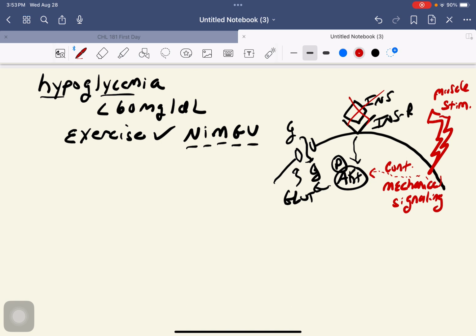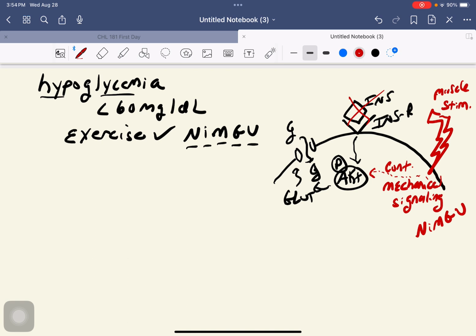So by doing walking or push-ups or Pilates or yoga or whatever your preferred activity is, we can help maintain glucose homeostasis in the blood by contracting the muscle and exercising. Okay? So that's NIMGU, non-insulin mediated glucose uptake. So it's a good thing.